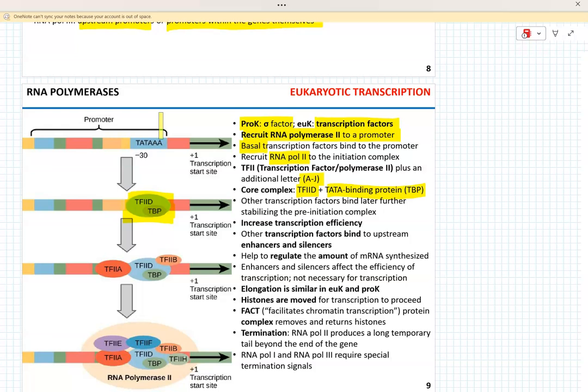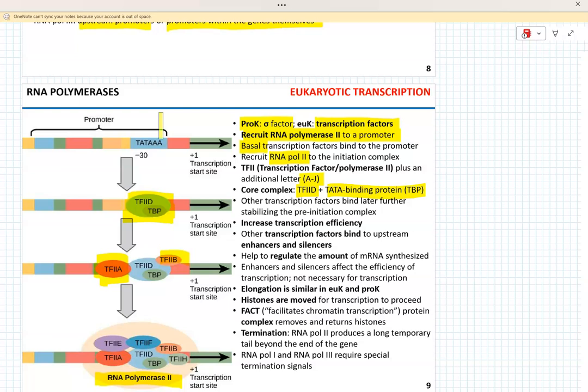These transcription factors can later be joined by others, and the whole complex of basal transcription factors is now functional to recruit RNA polymerase 2 and start the synthesis.